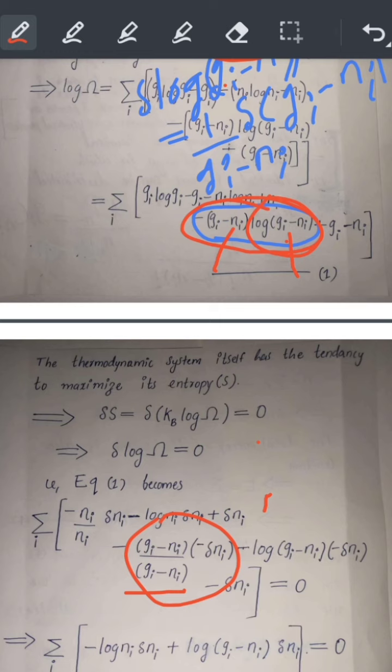The differential of gi minus ni is minus delta ni. So you get this, and the remaining thing to differentiate is plus gi minus ni, where the differential of gi is 0 and the differential of ni is minus delta ni. You can see that this is equal to 0 by this condition.